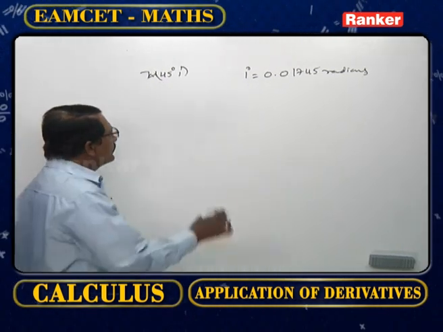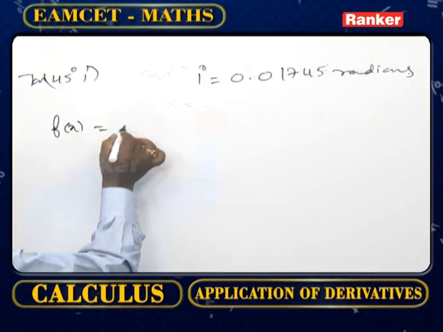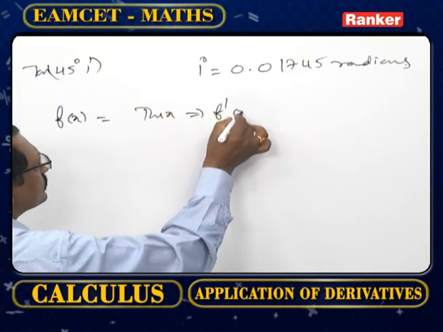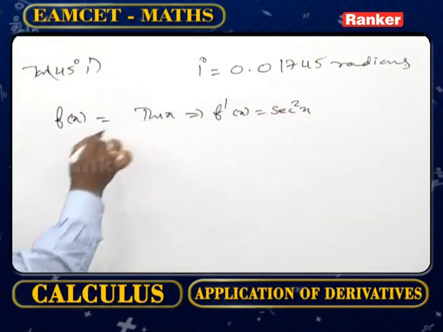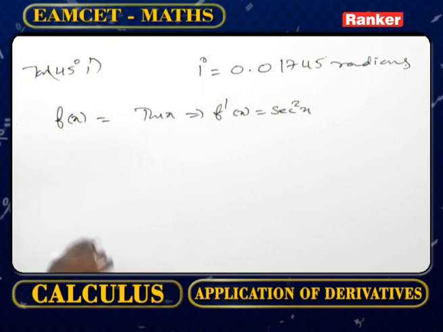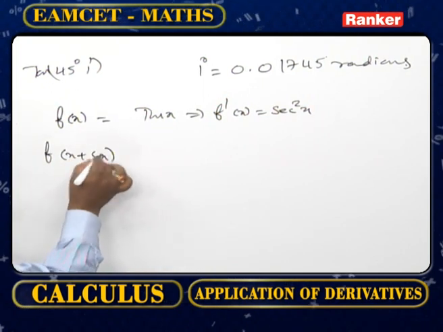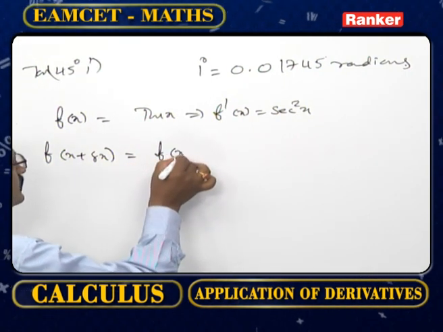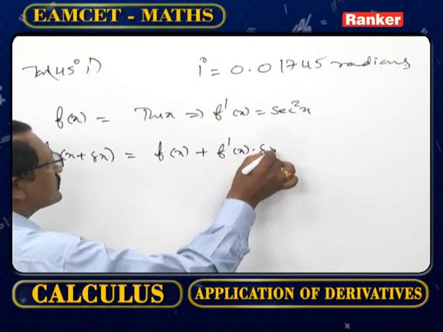Now consider f of x equals tan x, which implies f dash x equals secant square x. Now f of x plus delta x equals f of x plus f dash x into delta x.